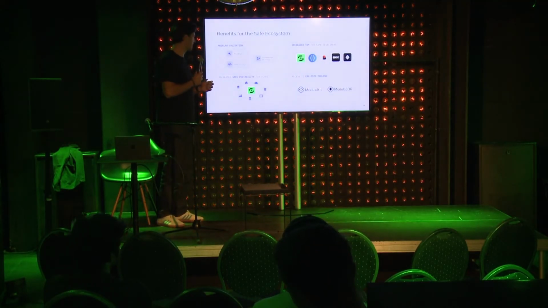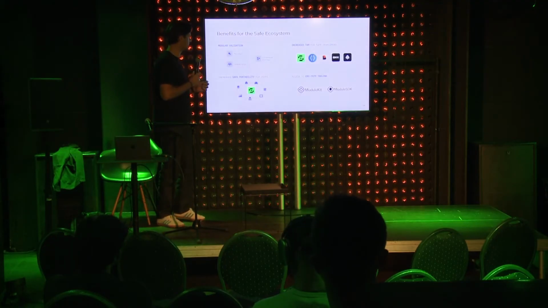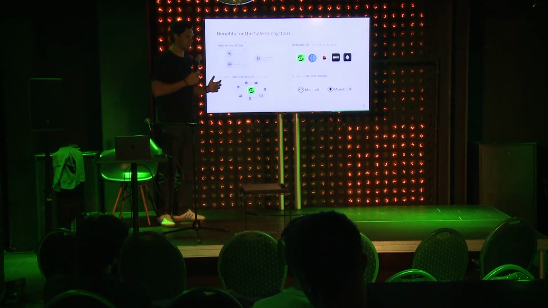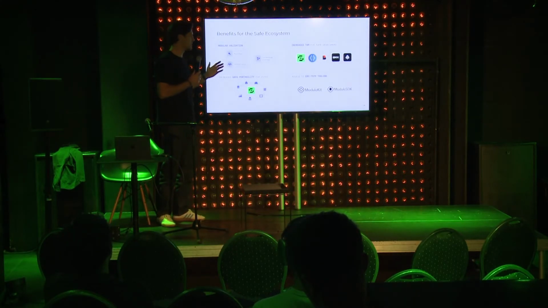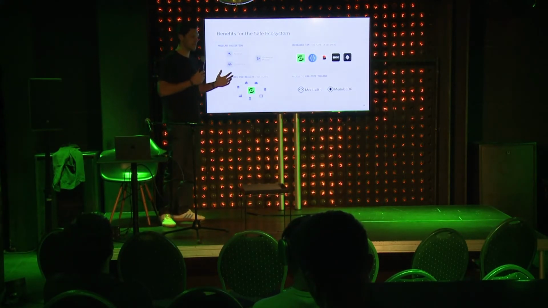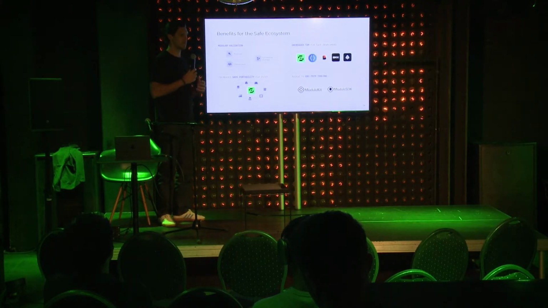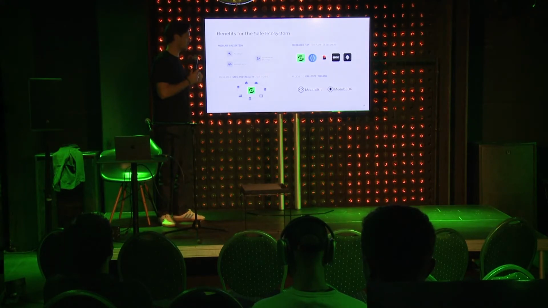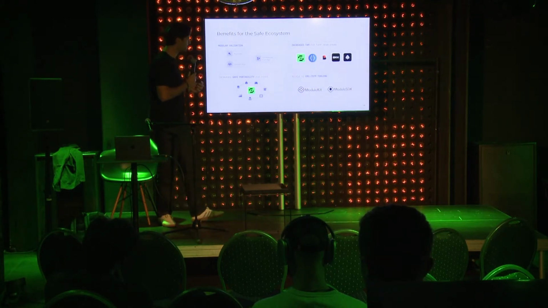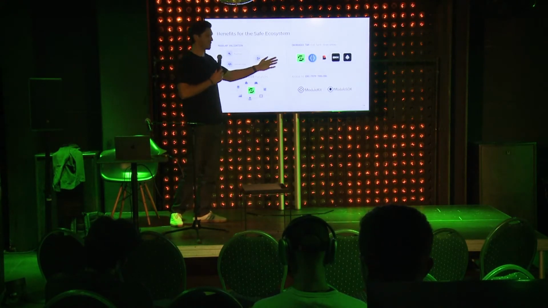And so with the Safe 7579 adapter, you can now access this modular validation, and you can use modules such as passkeys, session keys, or different validation schemes against the account. And we believe that this will unlock a whole new set of product use cases that developers will build on top of.